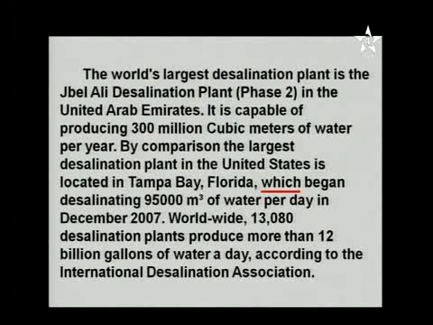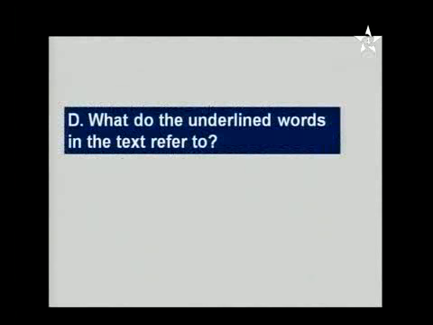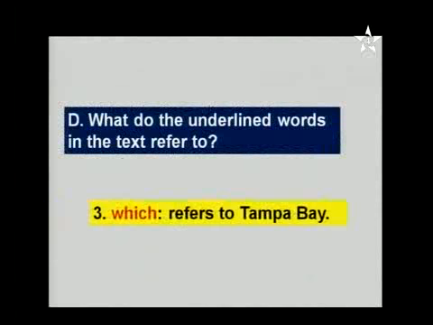By comparison, the largest desalination plant in the United States is located in Tampa Bay, Florida, which began desalinating 95,000 cubic meters per day. Did you find it? Good. Which refers to Tampa Bay. That's very good. Now the question, what do the underlined words in the text refer to? So for number 3, which refers to Tampa Bay.